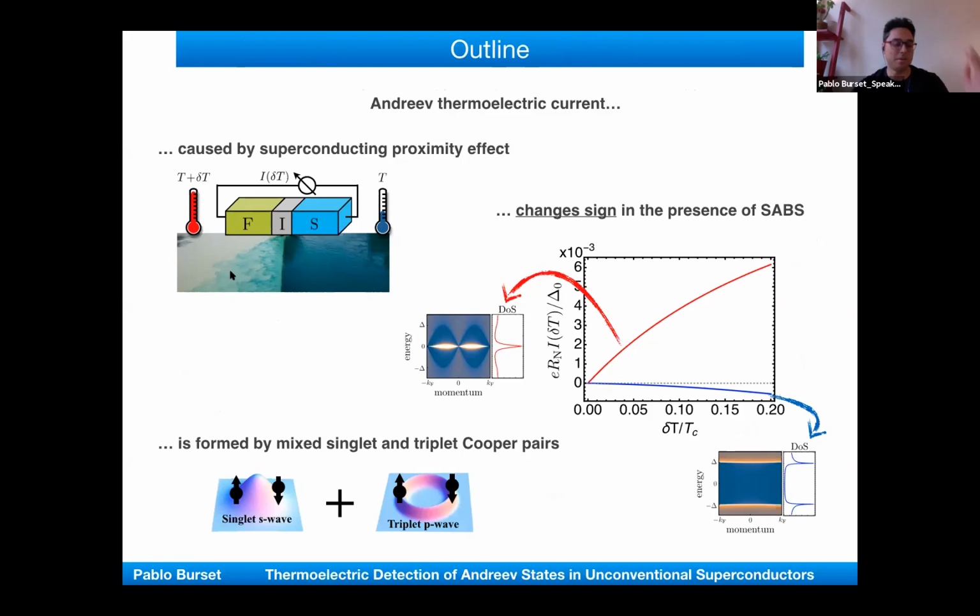And as I kind of suggested before, this Andreev thermoelectric current will be very sensitive to the presence of bound states. It will change sign in their presence, and it will be formed by a mixture of singlet and triplet Cooper pairs. I will try to explain and convince you of this in the rest of the talk.